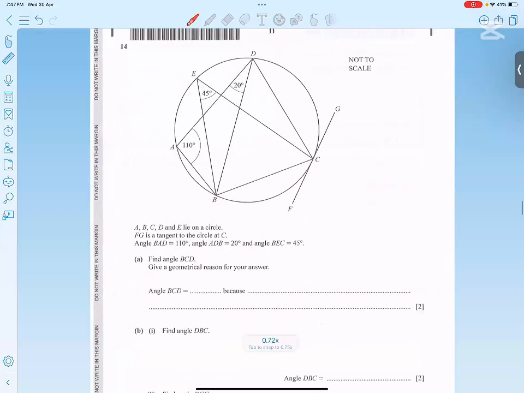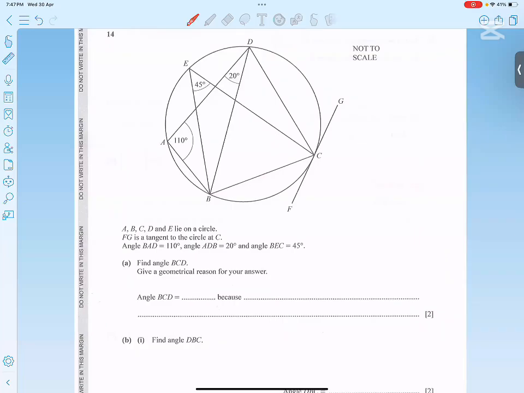Question number 14 we have now. Before we start, the question is asking for reasoning as well. First of all, he is asking B, C, D. And before we start, make sure the tangent is given clearly. So how many properties are attached with the tangent concept? We have to look there first of all.